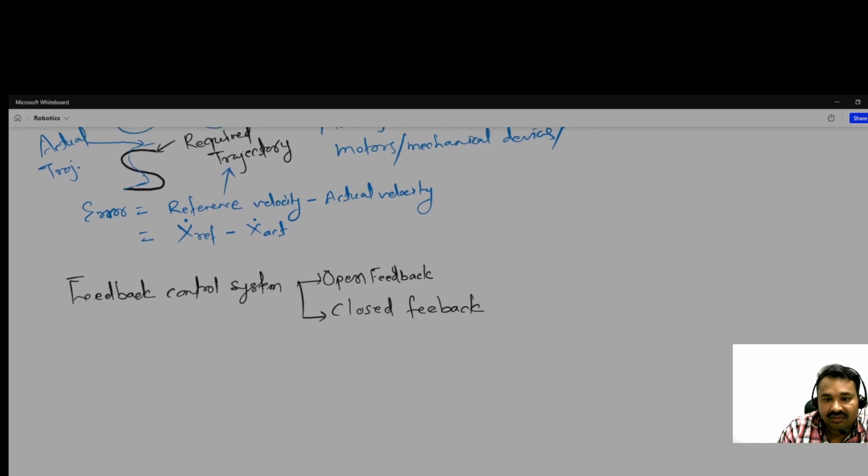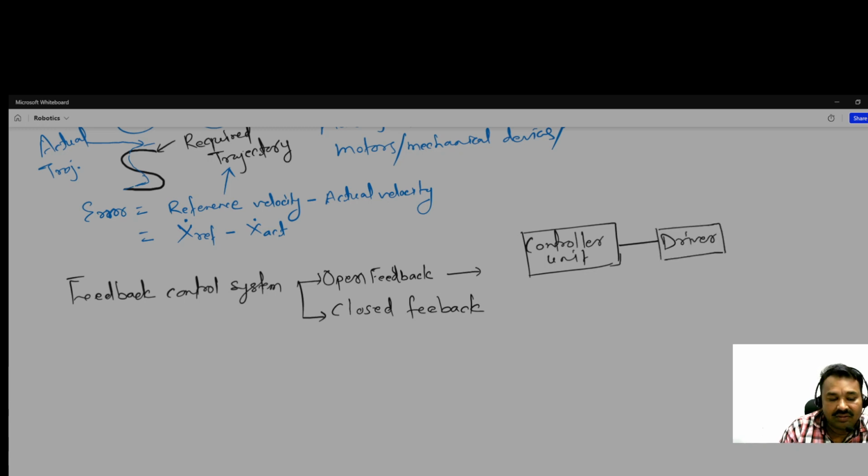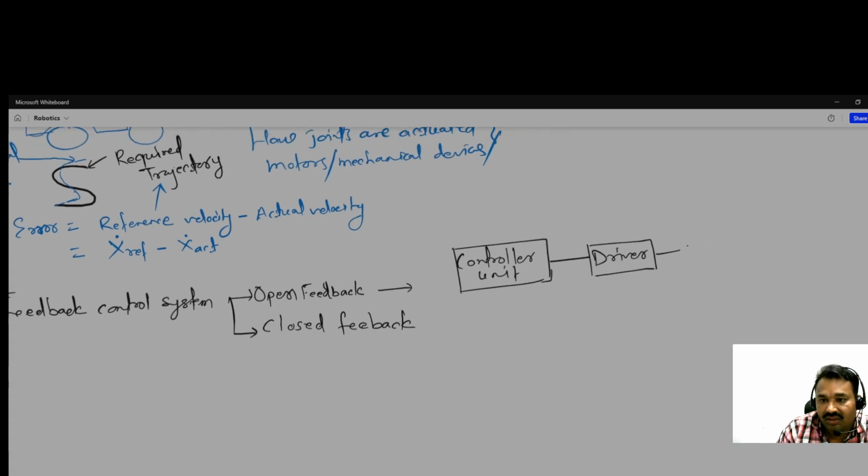So suppose there is a controller unit, and a driver, meaning the motor, or you can say the driver to the motor, and then the output.